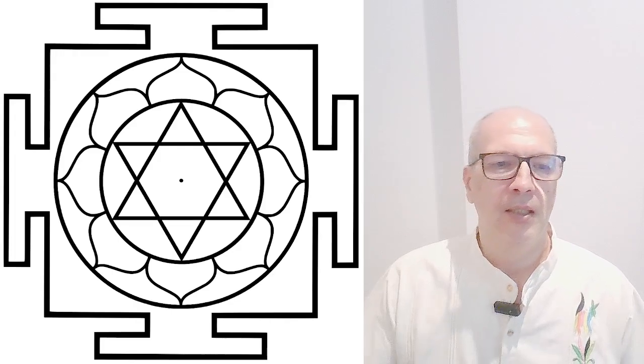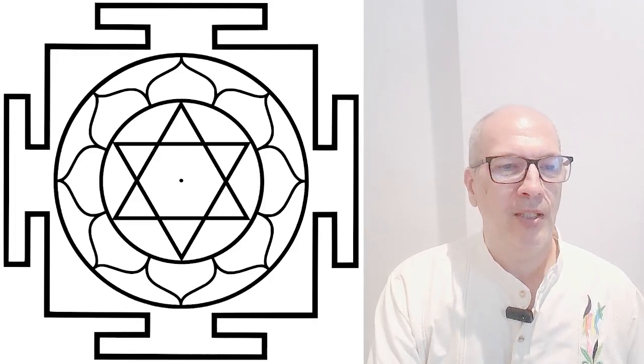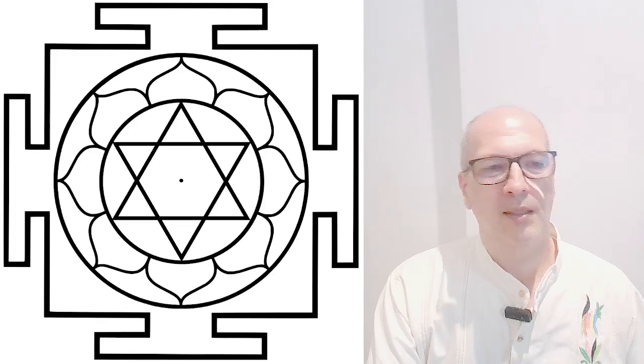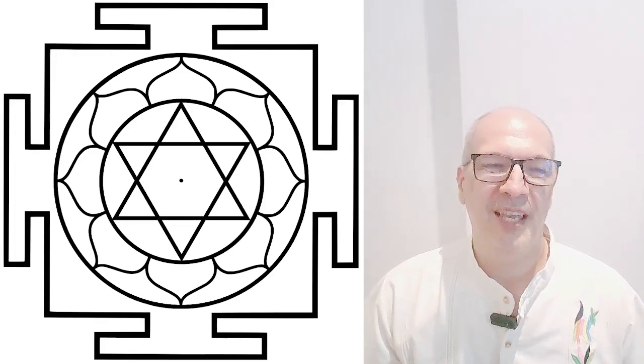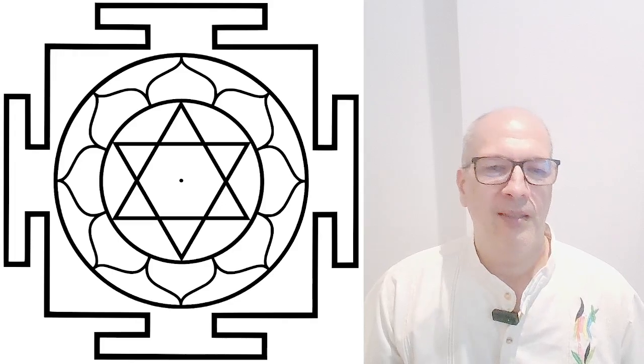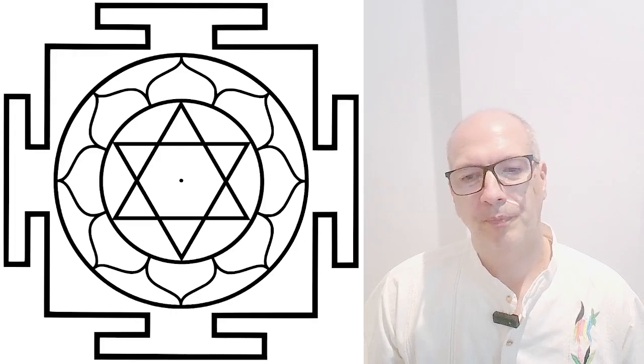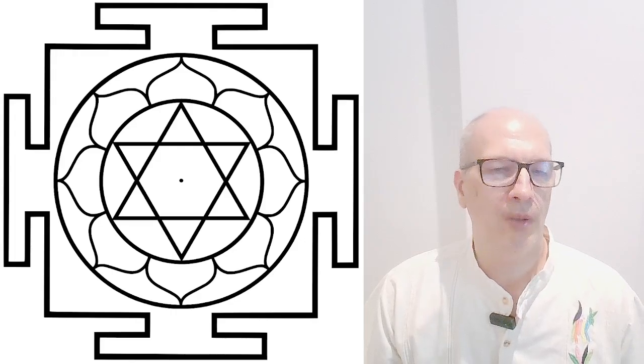So we gain information by these 8 gates. So we have smell, taste, sight, touch, and hearing, the 5 usual ones.